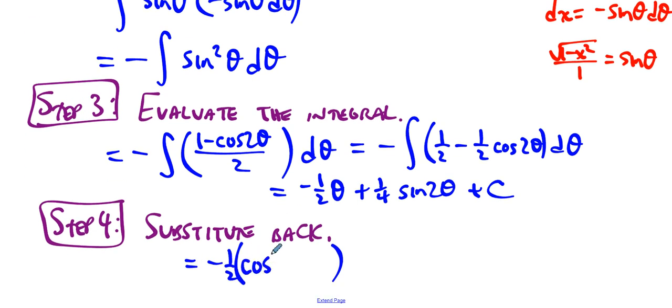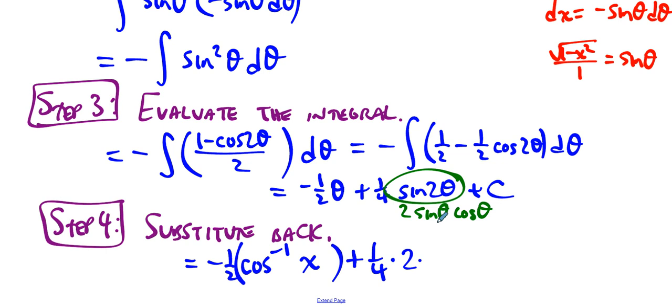Theta is the angle whose cosine is x over 1. Then we got to think about sine 2 theta. Well, sine 2 theta is 2 sine theta cosine theta, said my trigonometry teacher. Sine theta, we know, and cosine theta, we know, plus a constant.